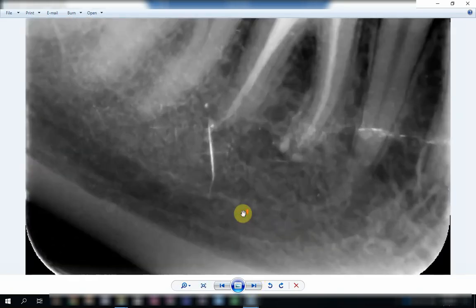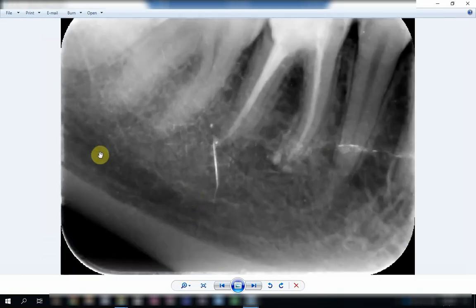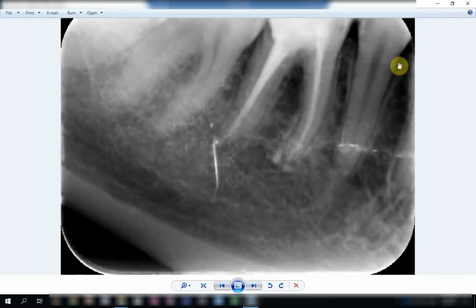Another example. This is a lower 5. This is the inferior dental canal, and then it goes and ends up opening in here, and this is the mental foramen. Now this is a big problem over here. If we are not sure of the clinical condition of the tooth, our reference, as I said, is the PDL.